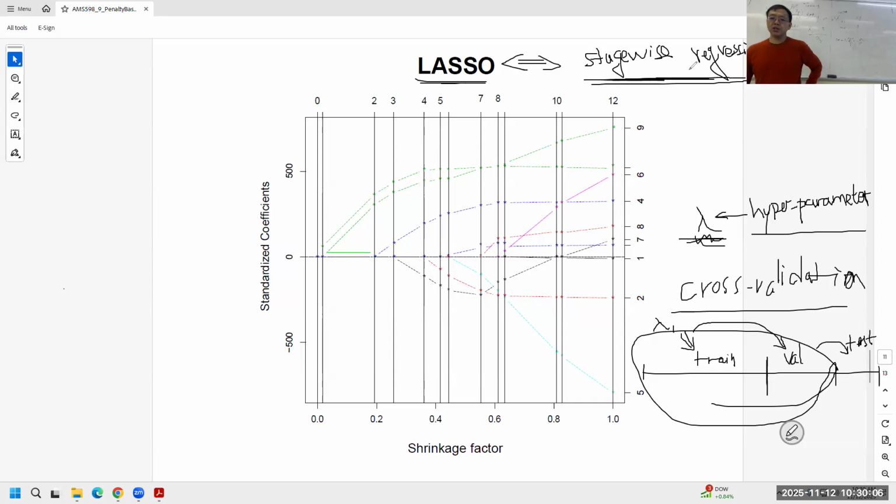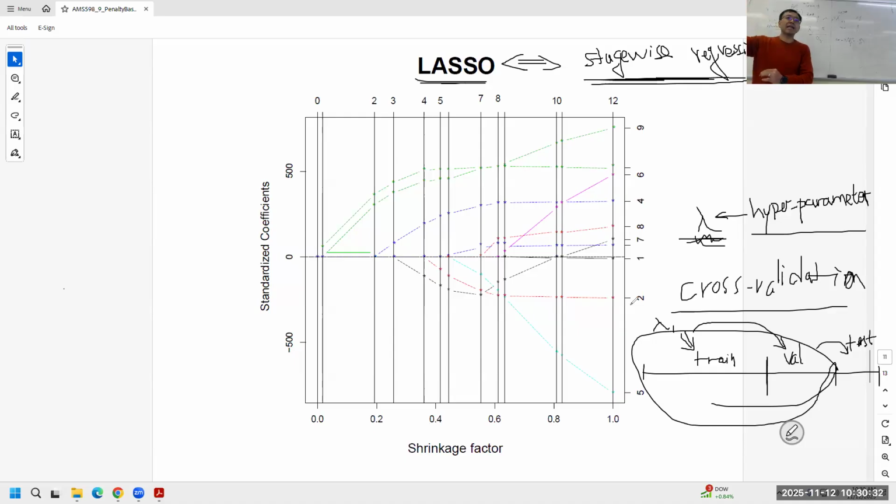In stage-wise regression, you start with a model with an intercept. When you do the regression, you use forward selection. Basically, you fit the model including one variable, x1 up to xp, and see which one gives you the largest improvement over the intercept.